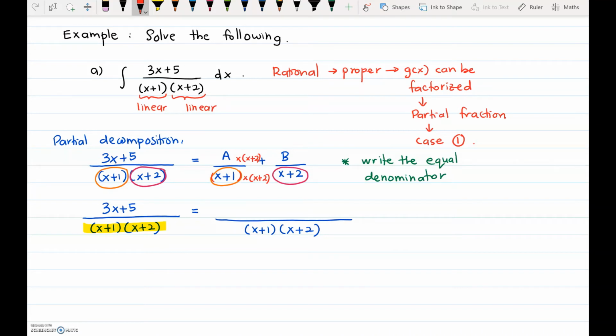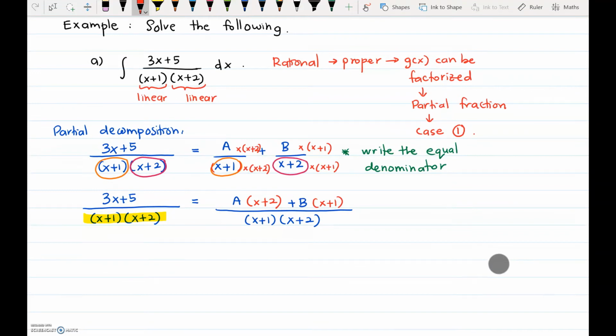For the second term, you have to multiply by (x plus 1) in both the denominator and the numerator. That's why your numerator will be a times (x plus 2) plus b times (x plus 1).